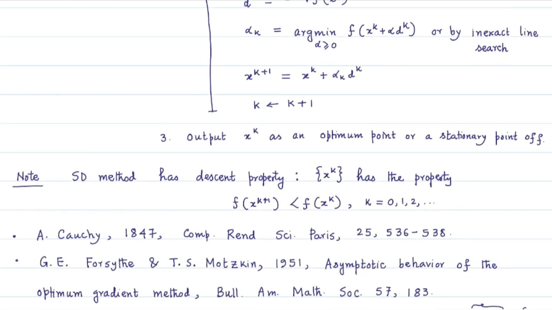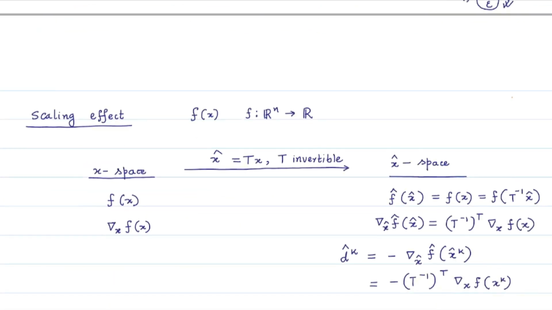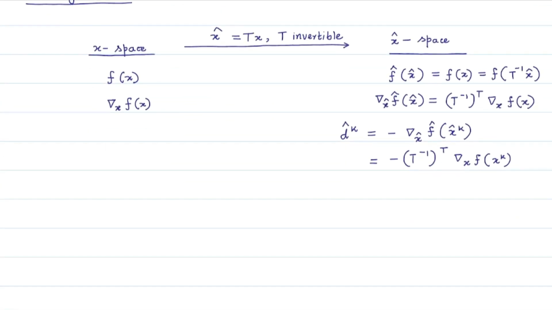Now in the scaling effect, let us see if the pure steepest descent iterate in the x space can be revived from the calculation of the pure steepest descent iterate in the x hat space.